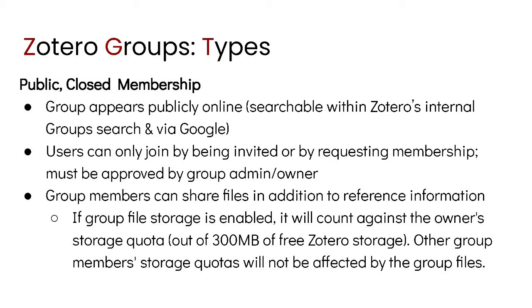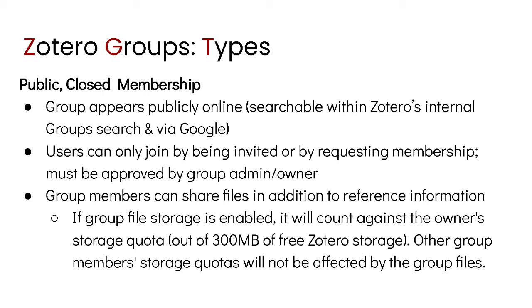So in a public closed membership, users can only join by being invited or by requesting membership, which then must be approved by the group admin or owner. So you could discover the group in Zotero search or on Google, but then you would need to send a request like you would send a friend request in Facebook or in Instagram on a private account. And then the owner or the admin would need to actually approve you to give you access to that group.